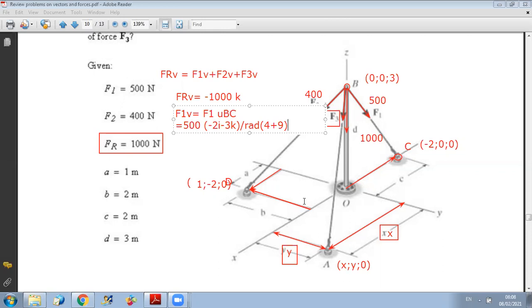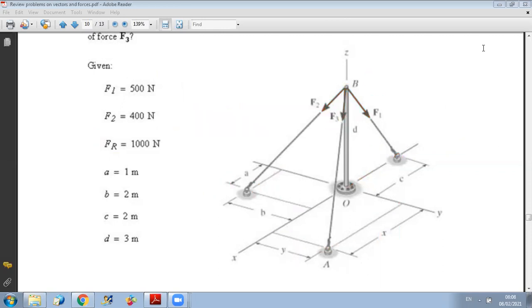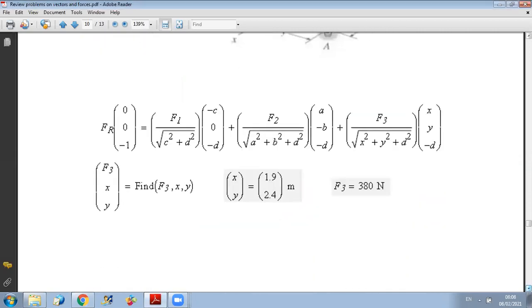Let us see this in a clearer way here in the solution. Look, here they directly put all terms in a vectorial relation, okay? I just want you to know their way of writing.